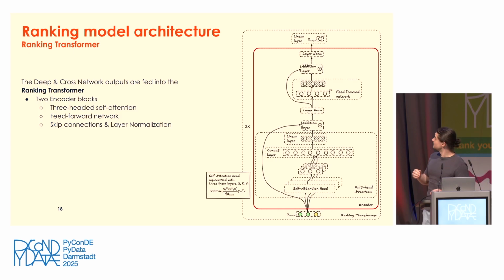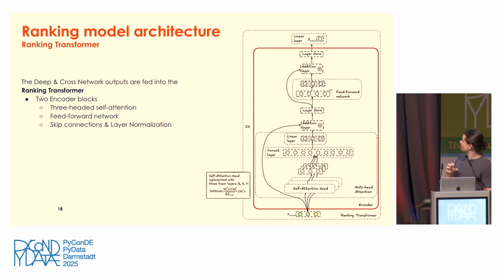After that is all done, we concatenate the 2 outputs of those sub-networks and feed it further to the ranking transformer. For those familiar with the Attention Is All You Need paper, it's inspired by that. This network consists of 2 encoder blocks highlighted here.